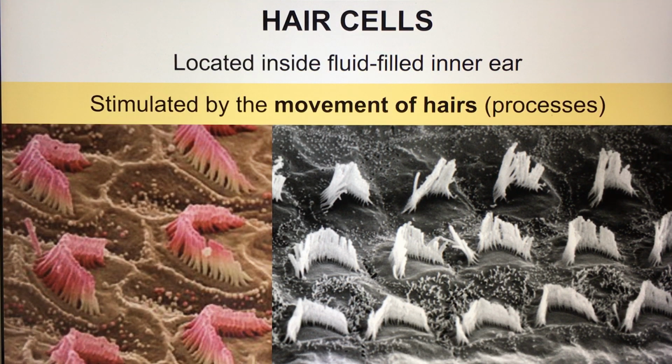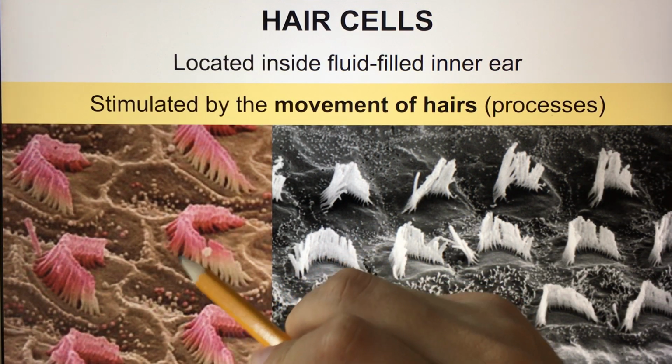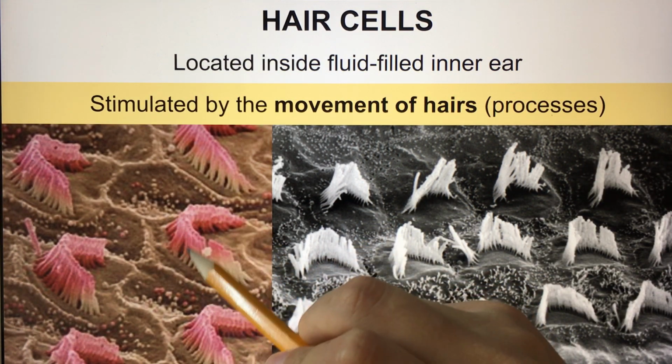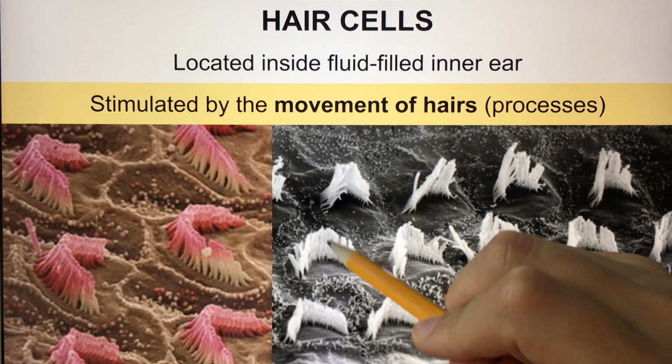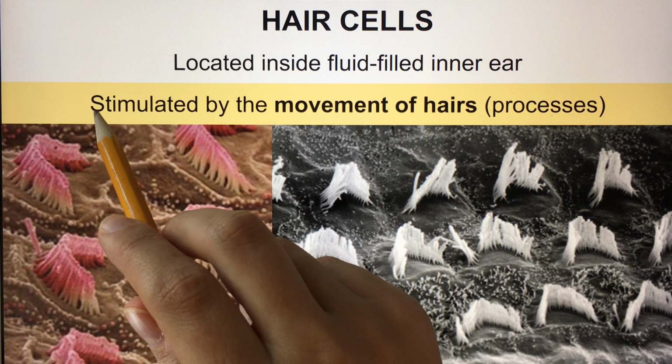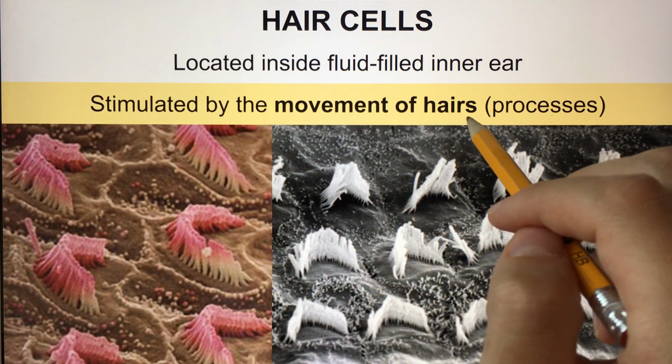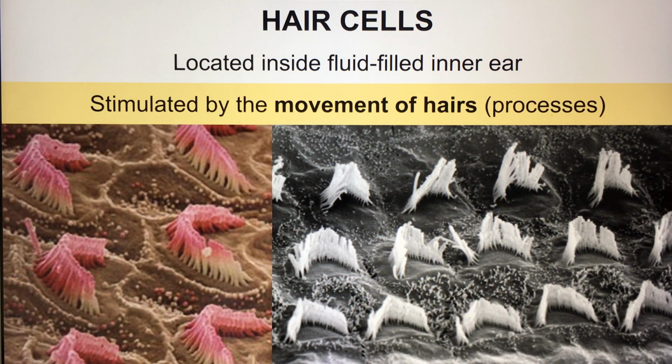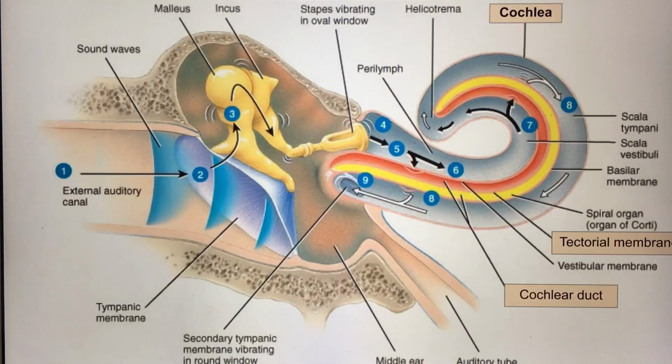Physiology. Here's the hair cells. These are cells with hairs on top of them inside of our ears. So when the liquid inside of the cochlea vibrates, it stimulates the movement of these hairs. Okay. And this diagram kind of shows that a little bit more detailed.